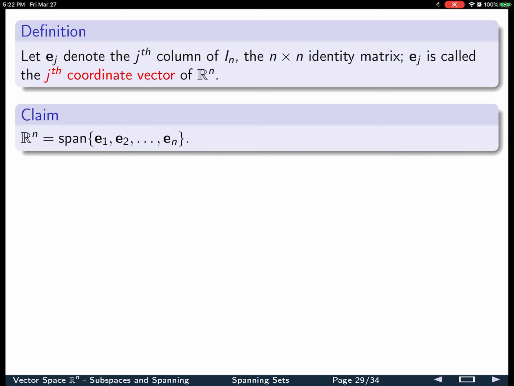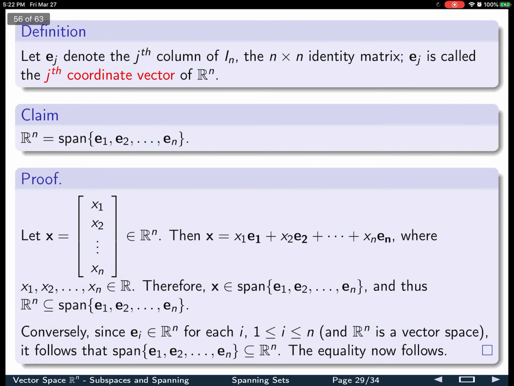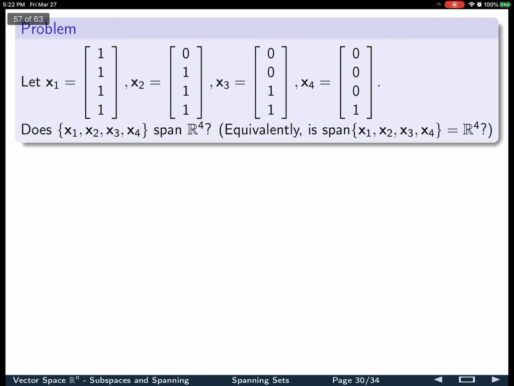But when you get up into n-dimensional space, those vectors can get longer. But basically, there's a 1 and a whole bunch of zeros everywhere else in the vector. Here we're trying to prove that Rn is the span of those coordinate vectors. And yes, if you take linear combinations, you fill the entire space. That's pretty straightforward.